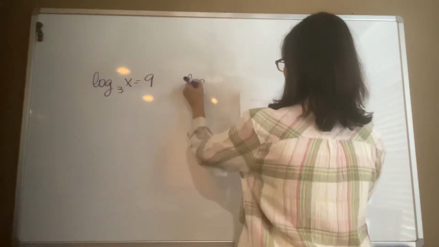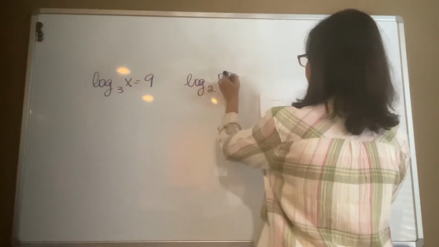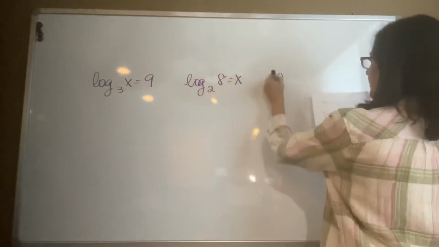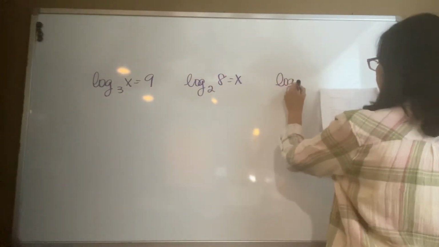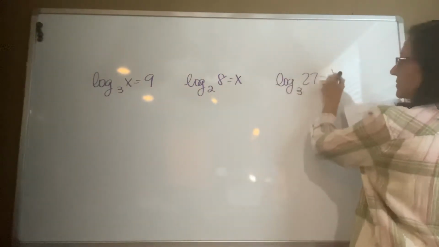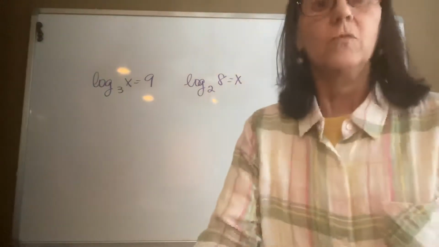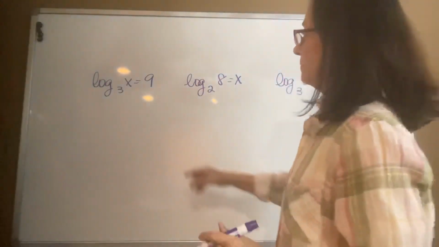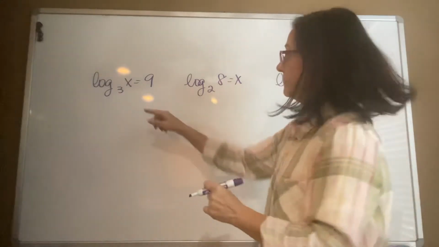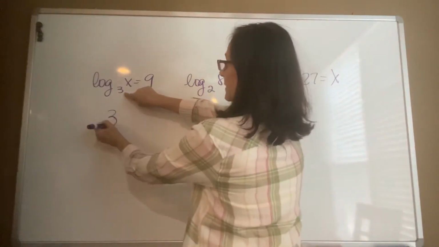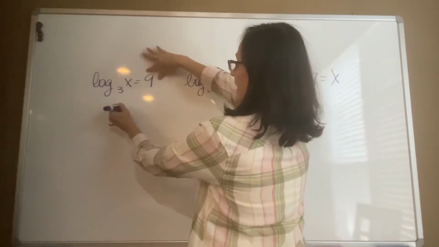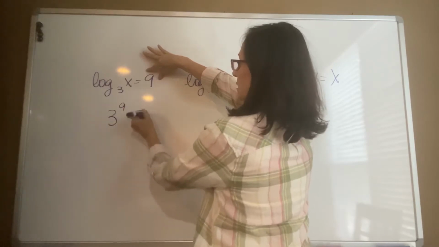We'll do the log base 2 of 8 equals x. We'll do the log base 3, 27 equals x. We'll convert all these to exponential form so that you have a little bit of practice. My base is 3 raised to the 9th exponent equals x.